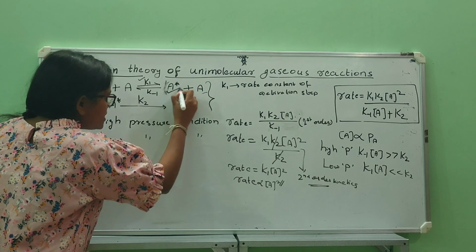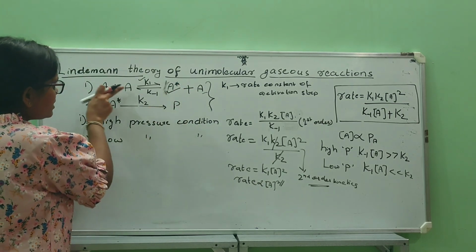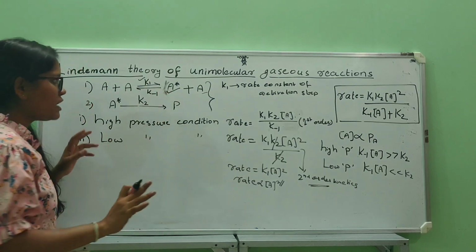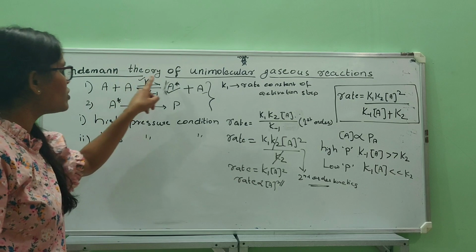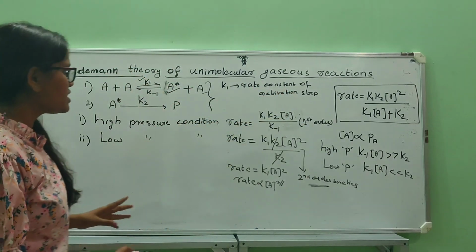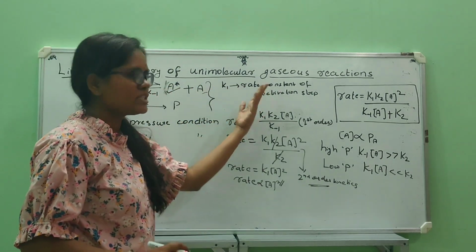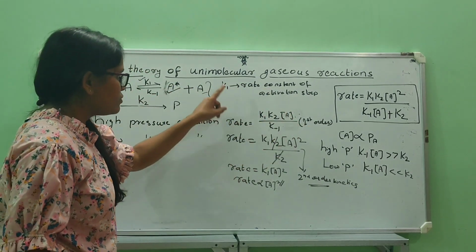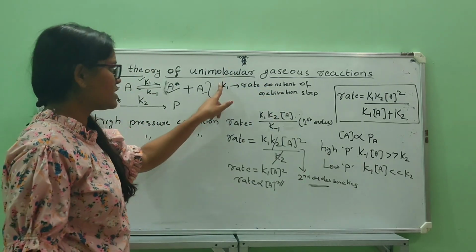Only when this molecule forms, it can give rise to product, right? Therefore, this formation of A star is the activation step, and the rate constant corresponding to that step, that is K1, is the rate constant of activation step. So in the examination, you might be asked to find the rate constant of activation step in any question, right? When they say rate constant of activation step, they mean nothing but this K1, okay?